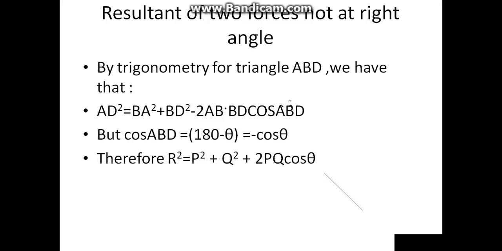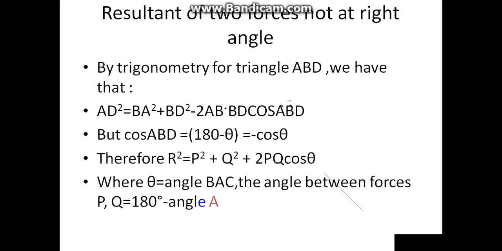Therefore, capital R squared is equal to capital P squared plus Q squared plus 2PQ cos theta, where theta is equal to angle BAC, the angle between forces P and Q, which is equal to 180 degrees minus angle ADB.